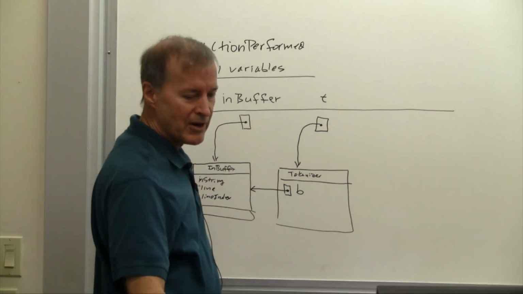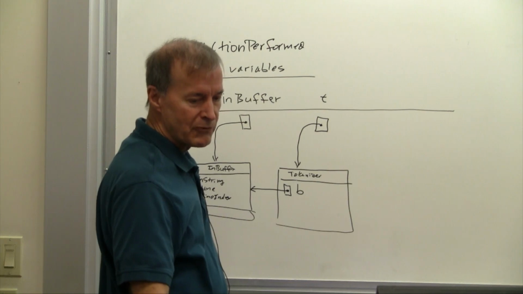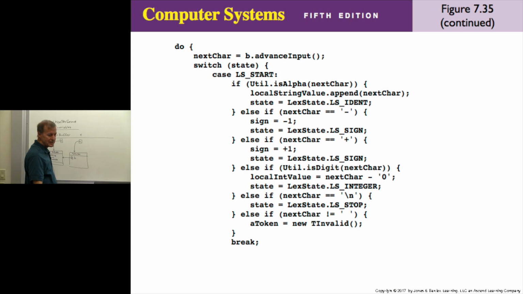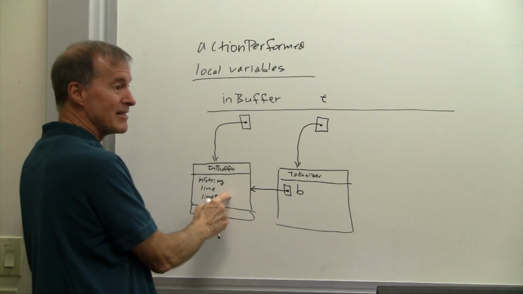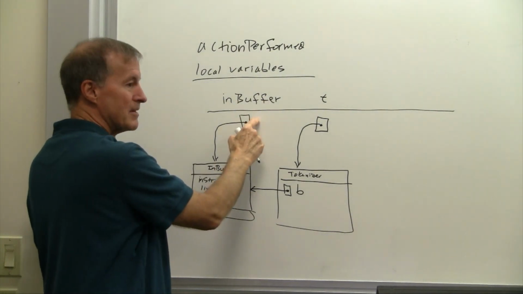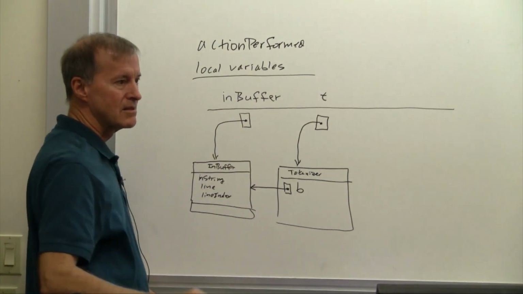So if we go back here to figure 7.35, what does it say? doNextChar gets what? b.advanceInput. Well, what's b? Well, it's b dot this. So it's advancing input of this, which got set up by this.